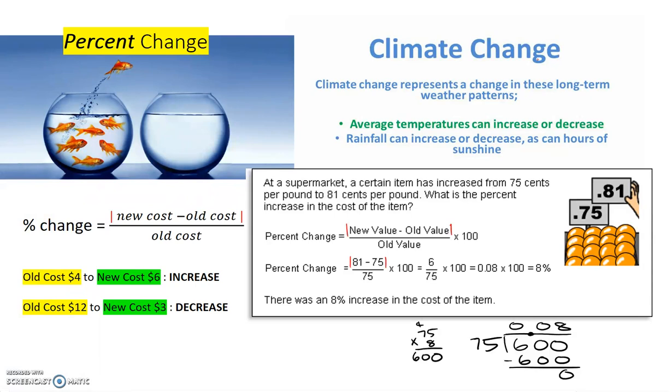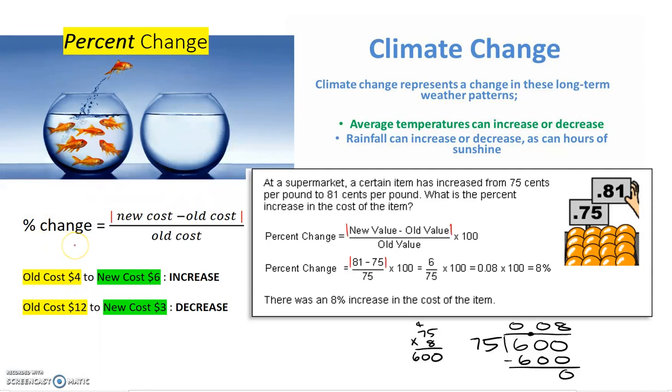It represents a change in long-term weather, where either the average temperature can increase or decrease, or rainfall can increase or decrease. Same with hours of sunshine. This is just a real-life idea that people use percent change a lot when they're speaking about it. So let's see, how does it work?